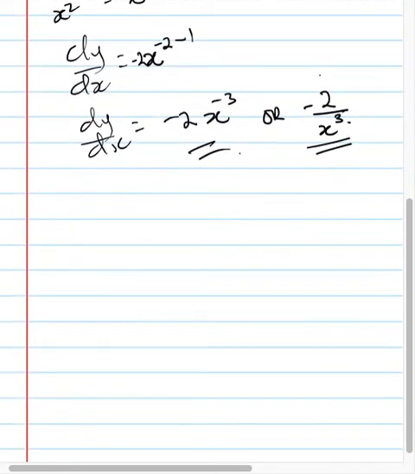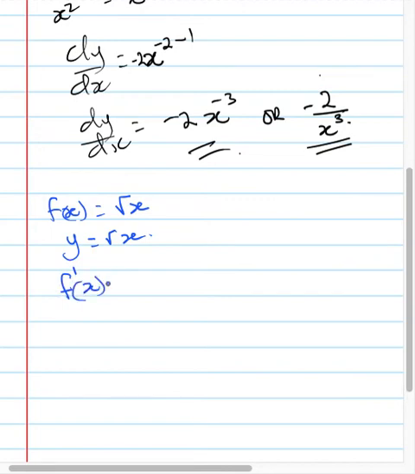Okay, let's try one more. f of x is equal to the root of x. This is exactly the same as y is equal to the root of x. So the root of x means x to the power of half.